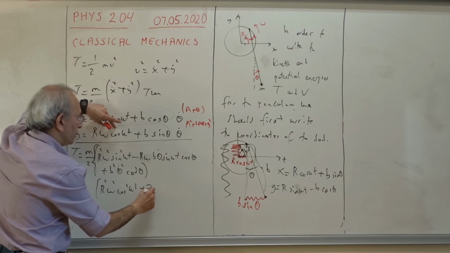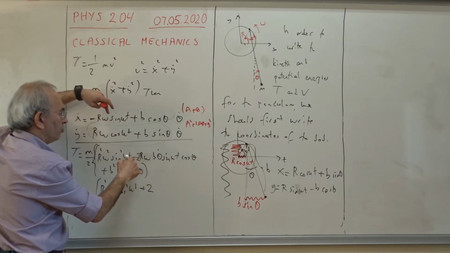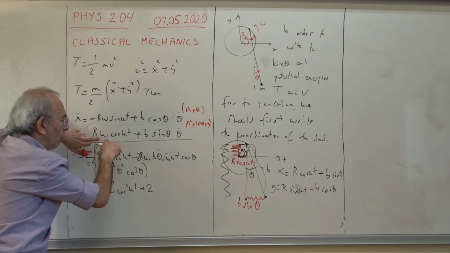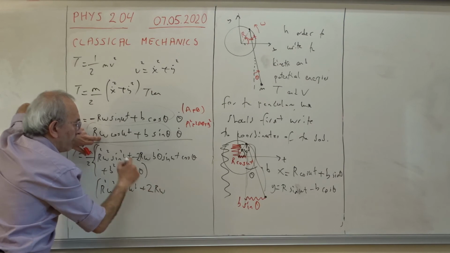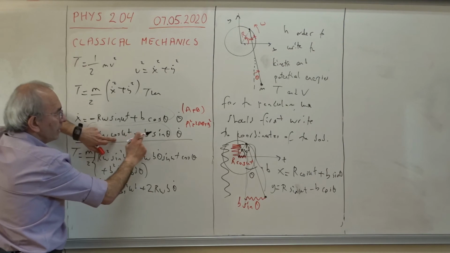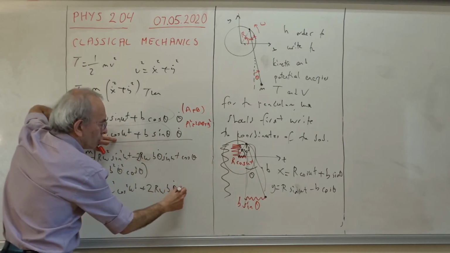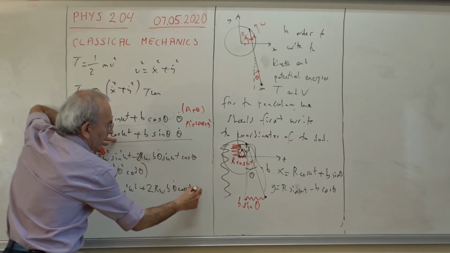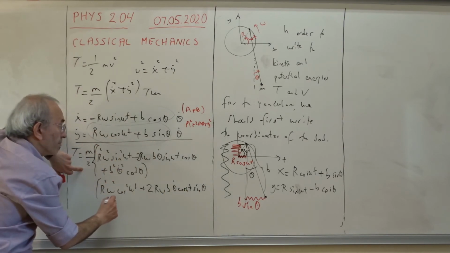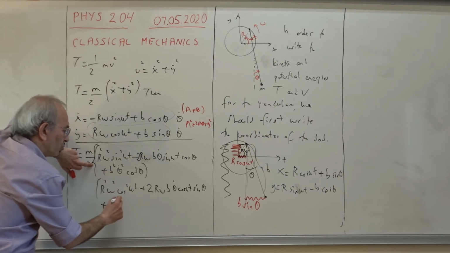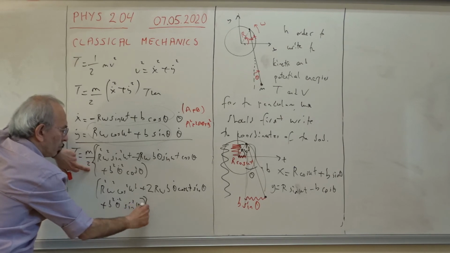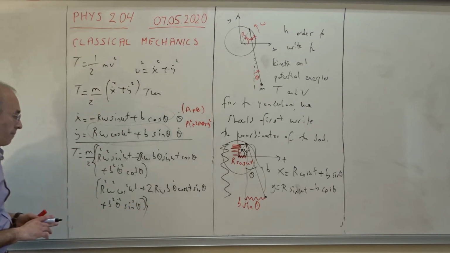There's a 2 here, if you forgot. So 2 here, r omega b theta dot cos omega t sine theta, just reversed. Then with the square of the last, plus b squared theta dot squared sine squared theta. Close the parentheses.